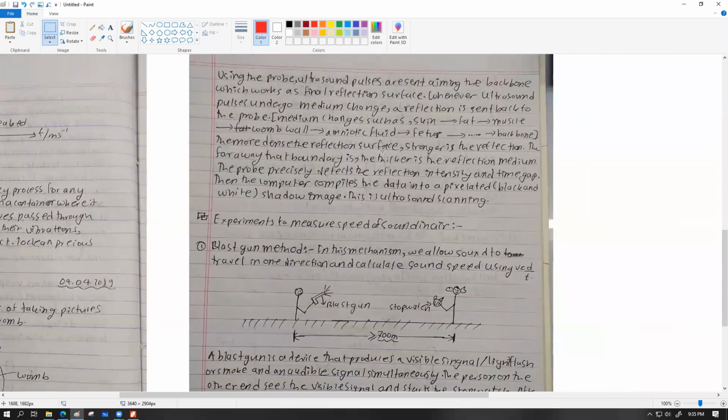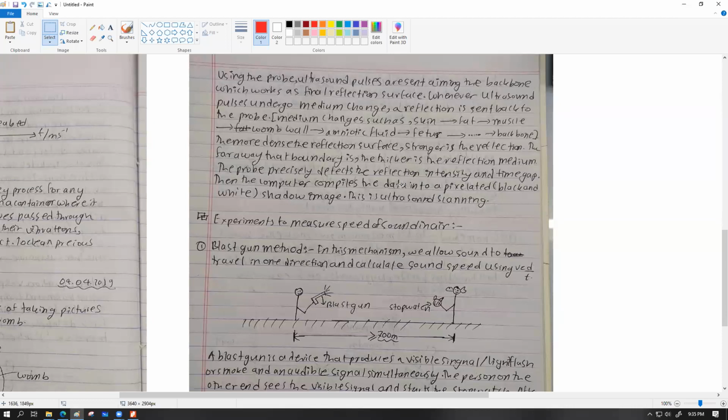এটা পড়ো, কি লেখা আছে এখানে? আচ্ছা, আমি পড়ে দিচ্ছি. Using the probe, ultrasound pulses are sent aiming at the backbone, which works as the final reflection surface. Whenever ultrasound pulses undergo a medium change, a reflection is sent back to the probe. Medium changes such as skin into fat into muscle into womb wall into amniotic fluid into fetus into backbone, and then backwards again.